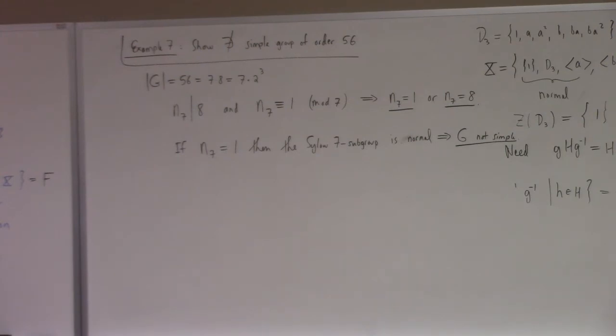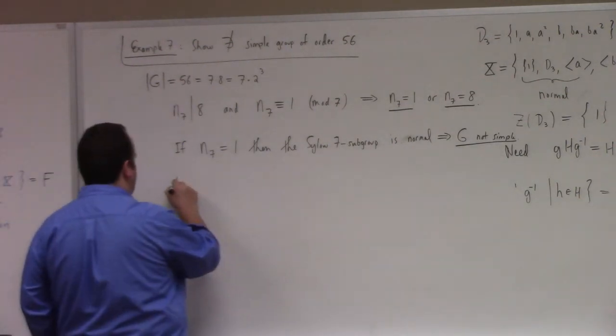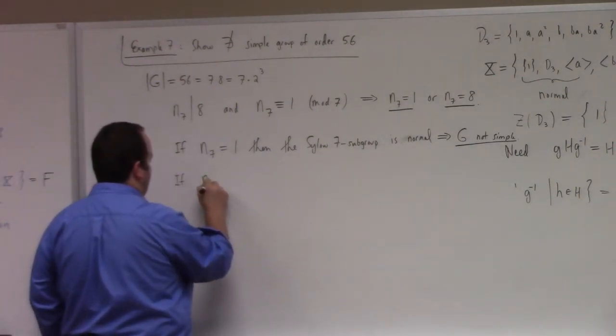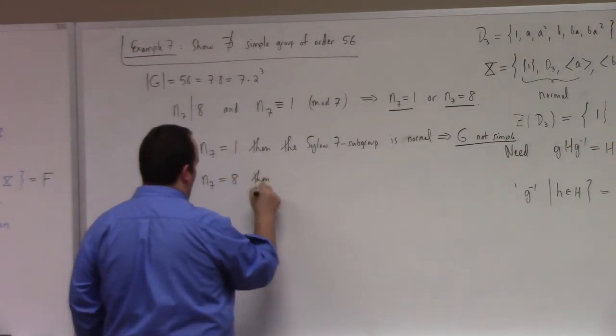Now, what happens if the number of Sylow 7 subgroups is 8? It says that then there are 8 distinct cyclic subgroups in G of order 7. How is that? Does that make sense to you guys? I don't know if it makes sense to me yet. If n7 equals 8, he says then, oh, what does that mean?